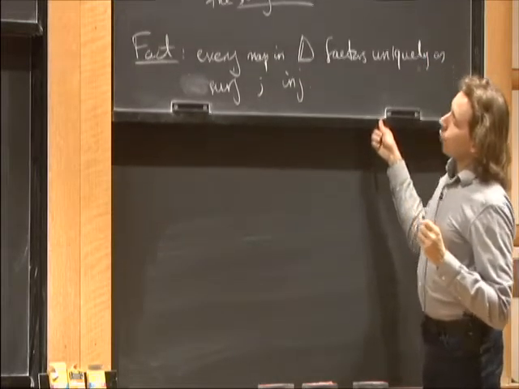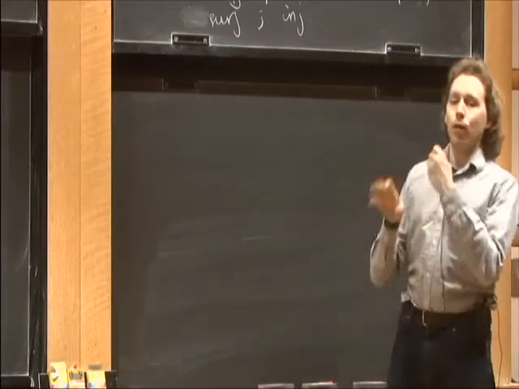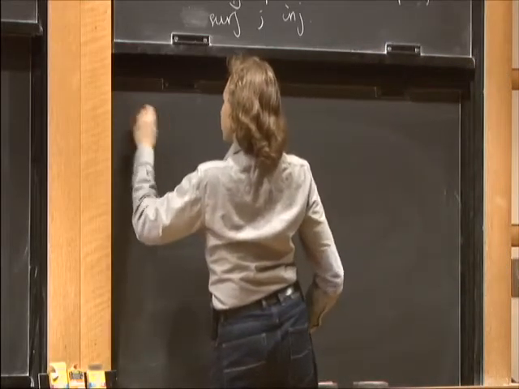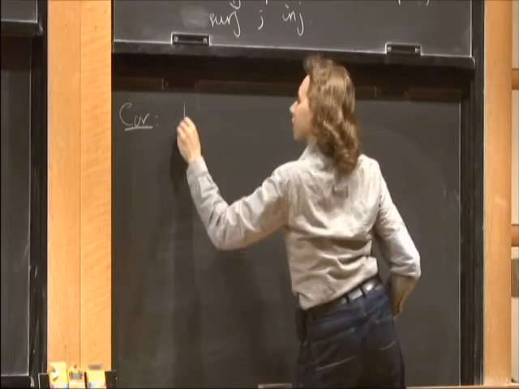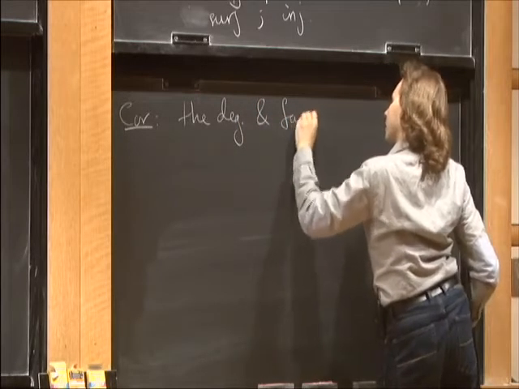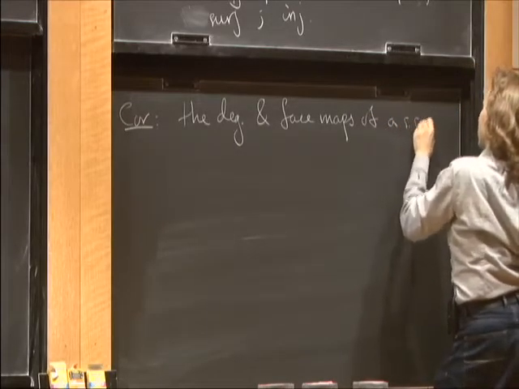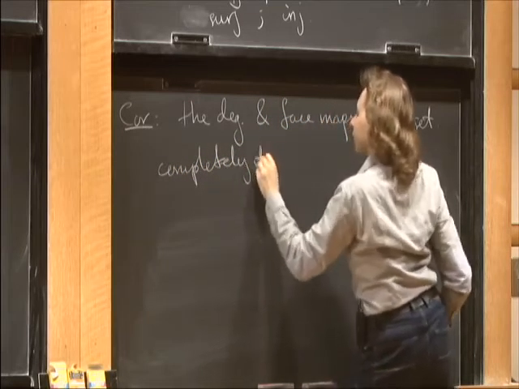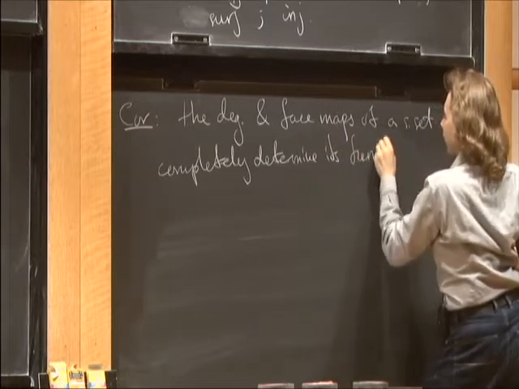And from this, it follows that to know all the maps in a simplicial set, to know all the functorial action of it, you only need to know the part of it given by the degeneracy and face maps. So the degeneracy and face maps of a simplicial set completely determine its functorial action.